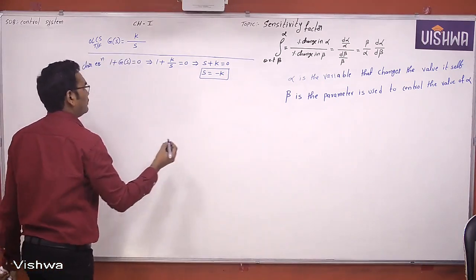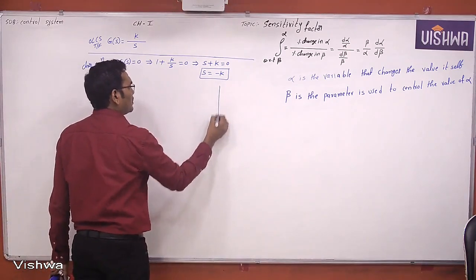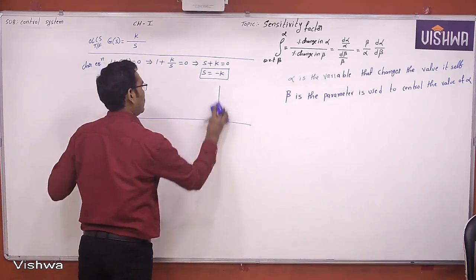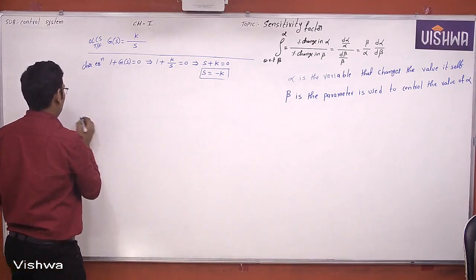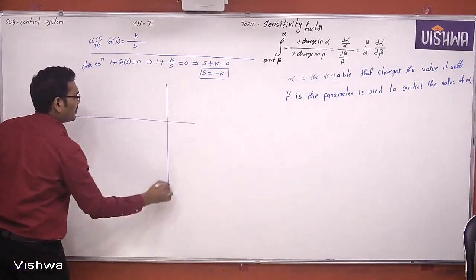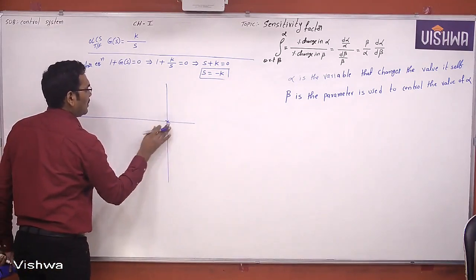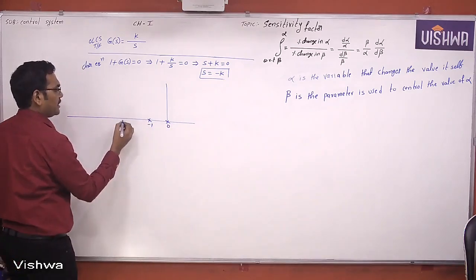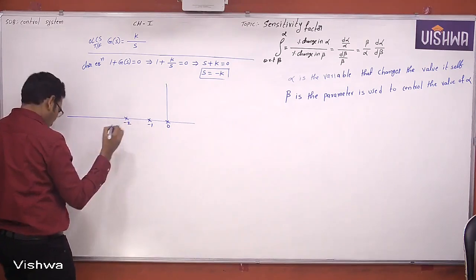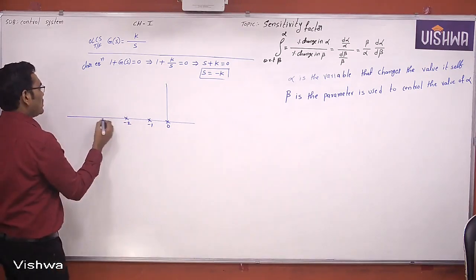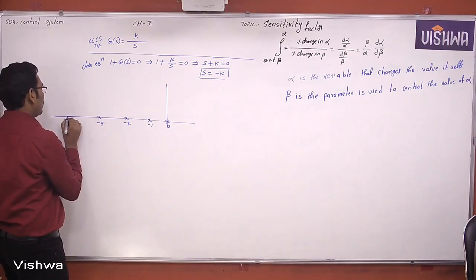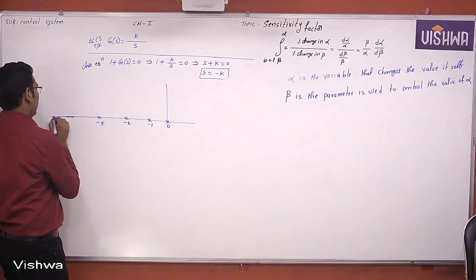Now see here, sometimes your closed loop pole may be at the origin, sometimes at -1, sometimes at -2, sometimes at -5, sometimes at -infinity, right?